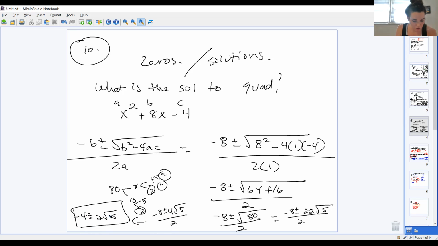Biggest thing is you need to know what the quadratic formula is going to be. Okay. I'm trying to see if there's anything else that you need to know about 10.